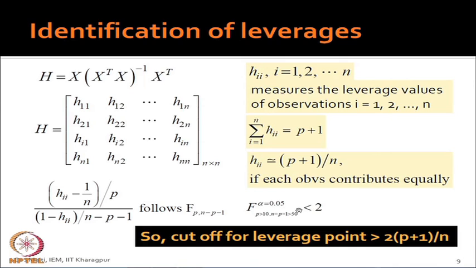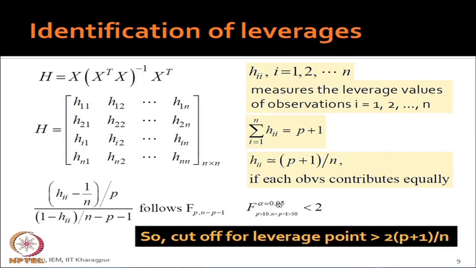We are talking about multiple regression with a large number of variables and a large number of observations; this is the practical case. So, when this condition is satisfied, irrespective of p and n minus p minus 1, it will be less than or equal to 2.